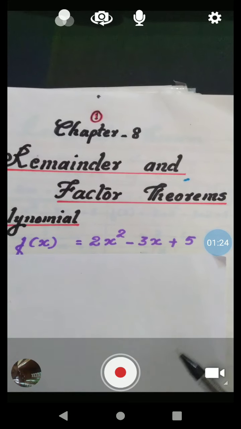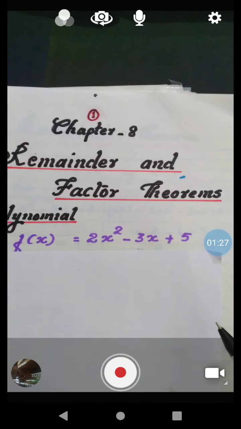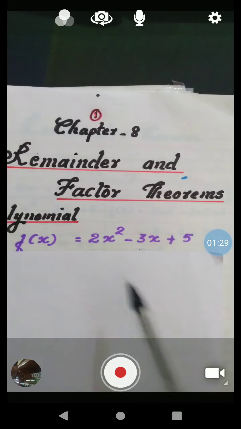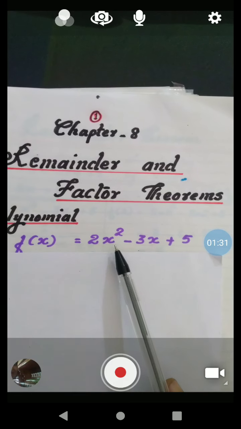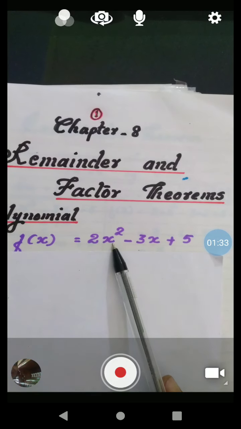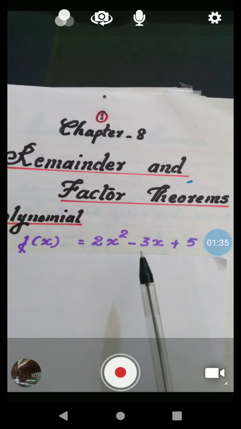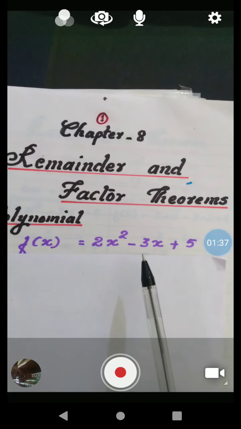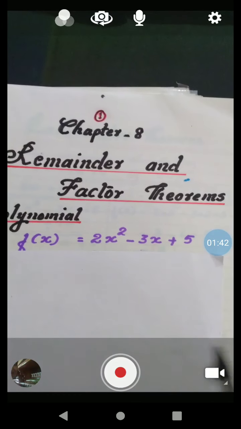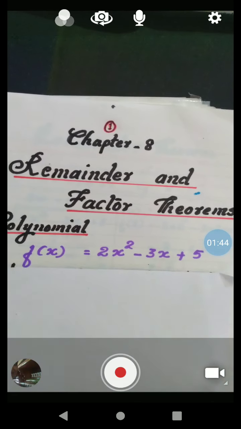The value of this polynomial depends on the value of x. When x varies, the value of the polynomial also varies. Suppose the value of x is 3.